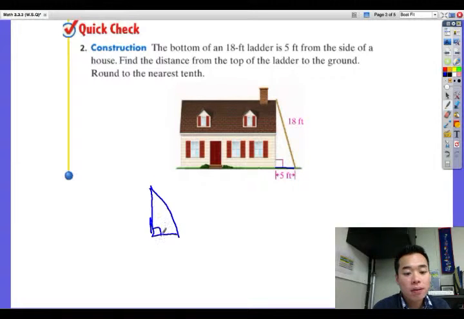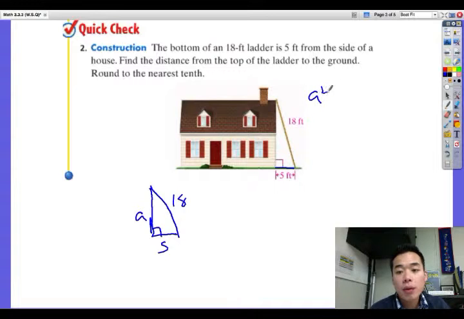You can clearly see from my picture, my triangle, that this is in fact a right triangle. So the ladder is really the hypotenuse, and the base could be leg a or leg b. I'm going to go ahead and put 5 feet right there. So I need to find a. I'm going to write the theorem real quick: a squared plus b squared is equal to c squared.